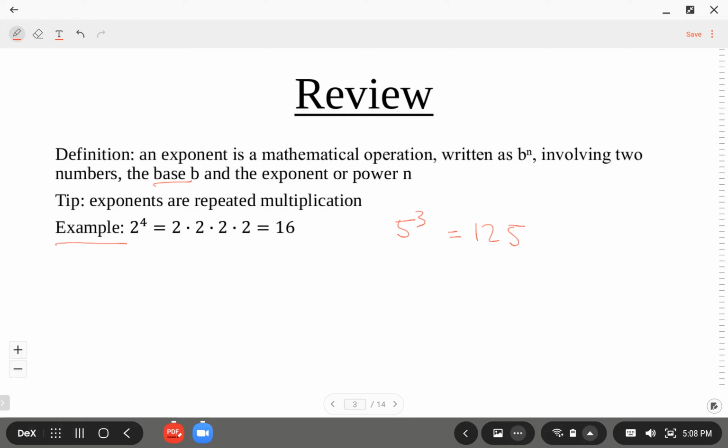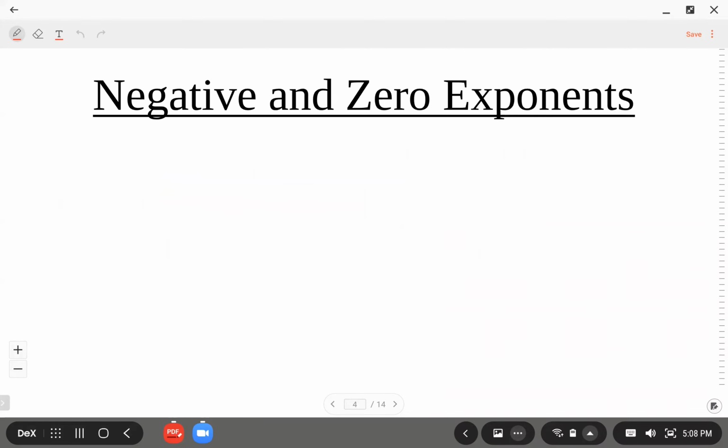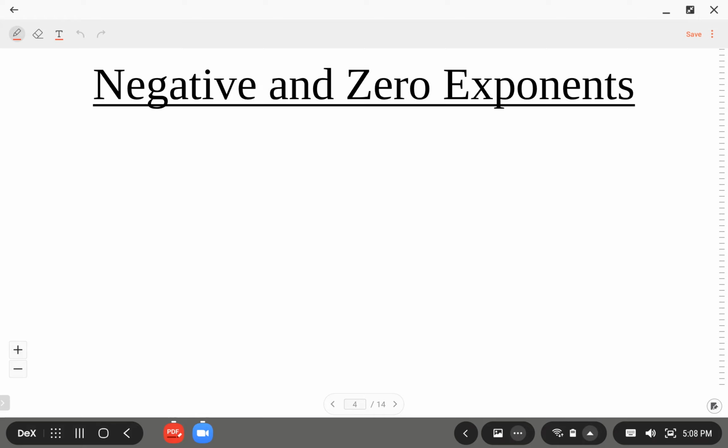Now let's go over some negative and zero exponents. Can our new students tell me what a negative exponent is? I want to see if your understanding of exponents is very high. If you do understand exponents, then hopefully I won't be able to stay in this review very long.